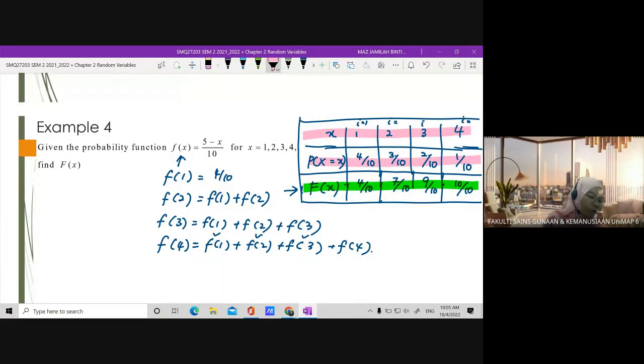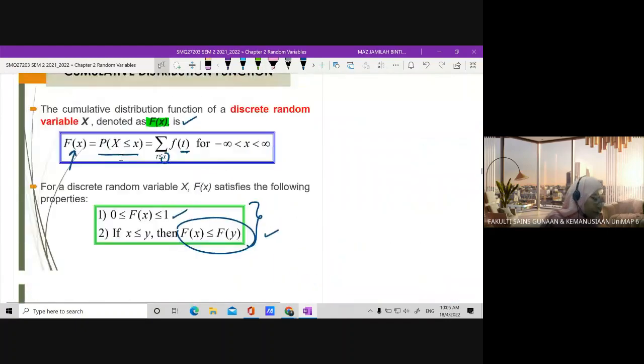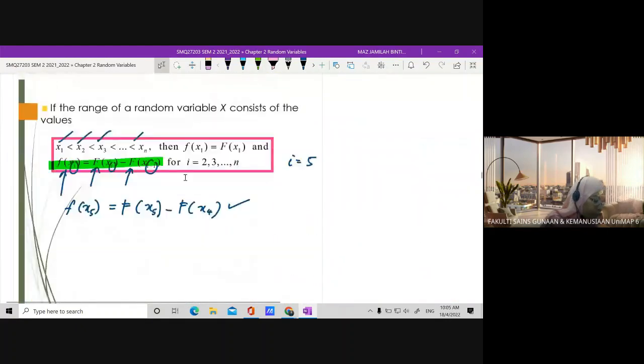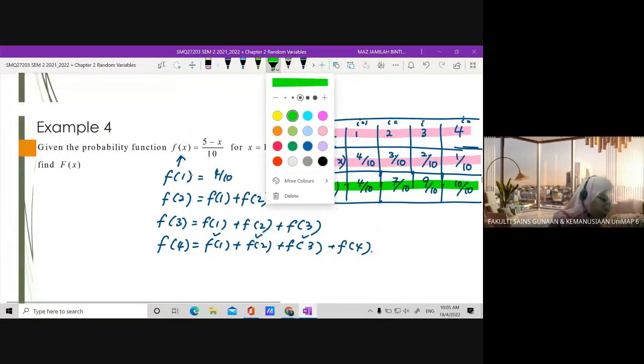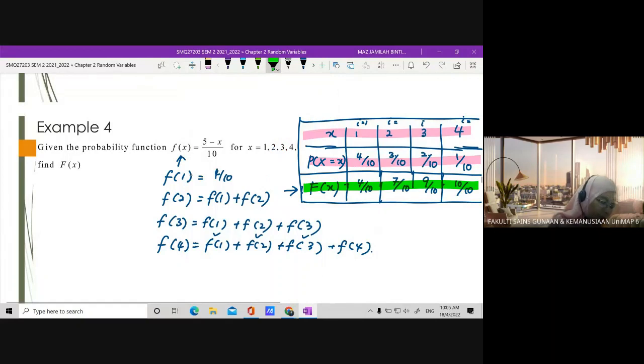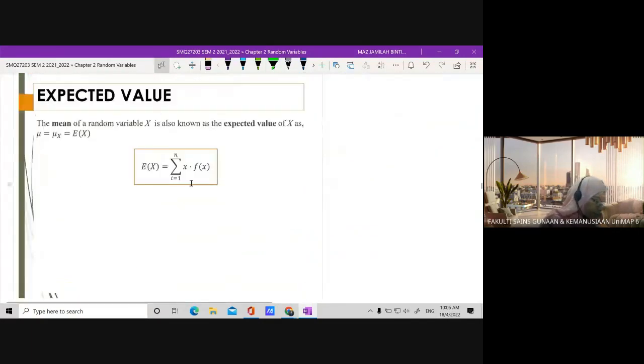And if you are talking about the cumulative distribution function, it means that you accumulate one by one. So from F1, F1 plus F2, F1 plus F2 plus F3, and finally you will get 1 for the summation of your probability.